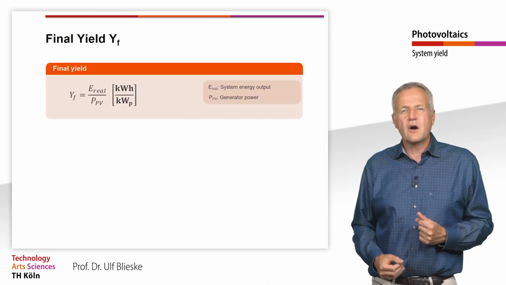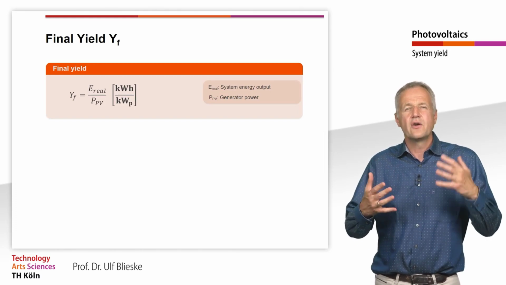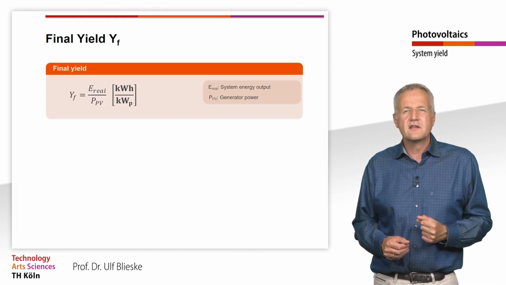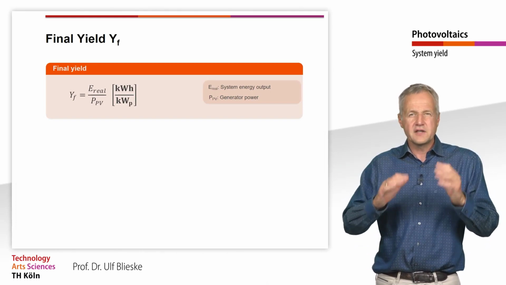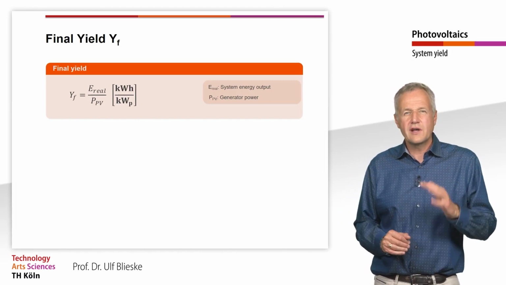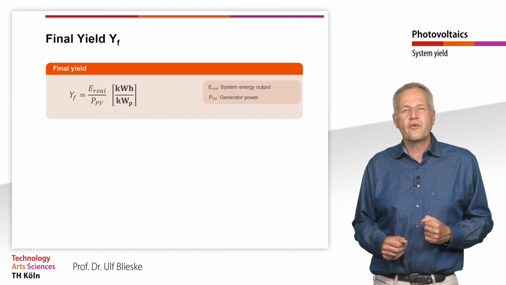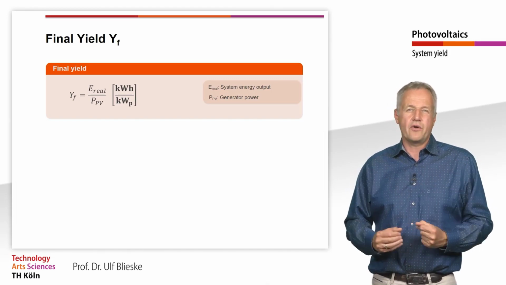Taking into account the losses, the plant delivers the plant yield, E real. By normalizing the real yield to the nominal power of the plant, we obtain the final yield. The unit of the final yield is kilowatt hours per kilowatt peak. Again, the kilowatt in the numerator and the denominator can be reduced to obtain the unit hours.